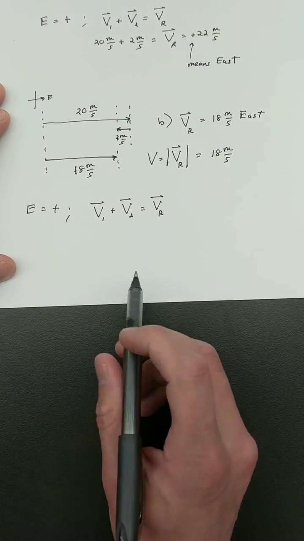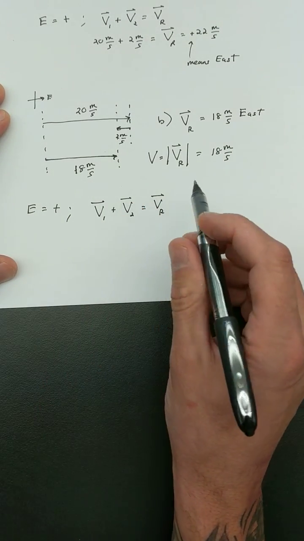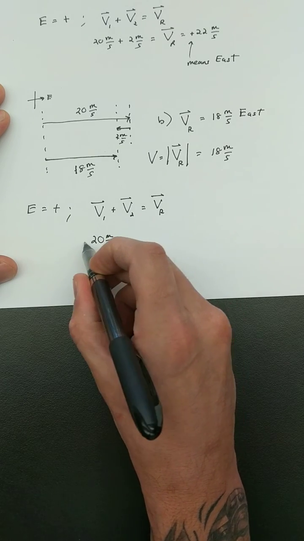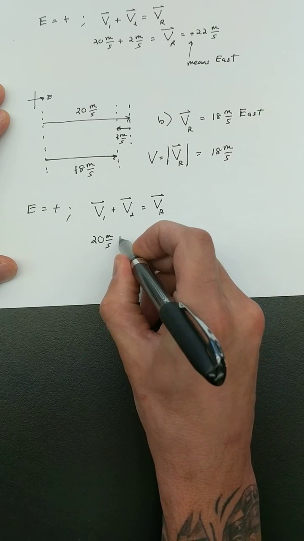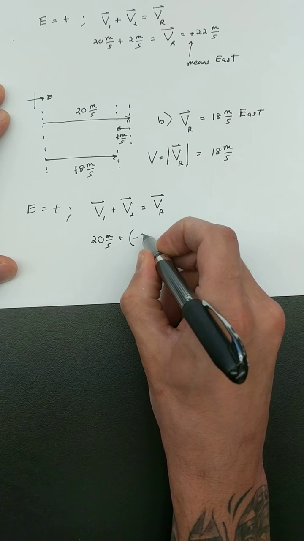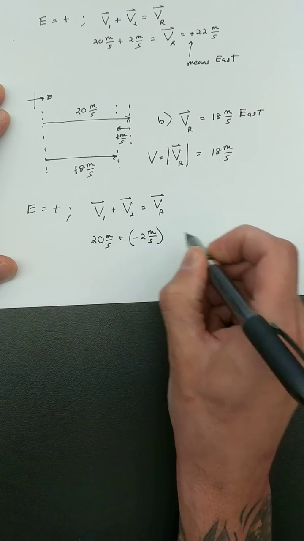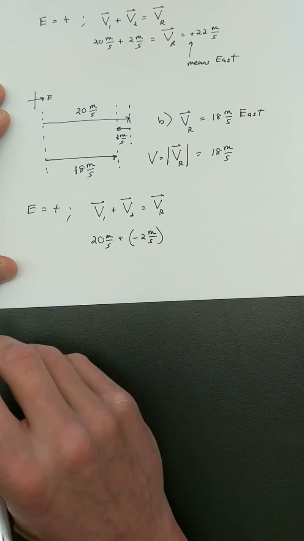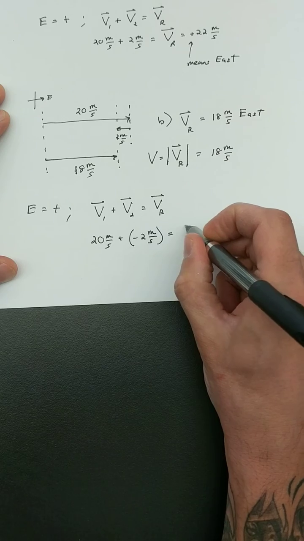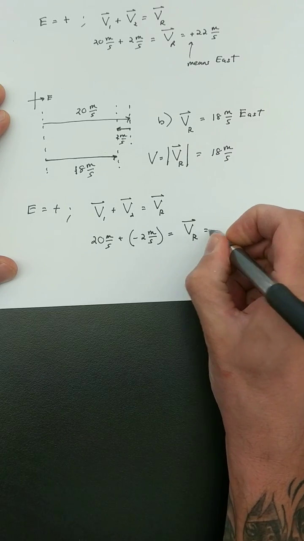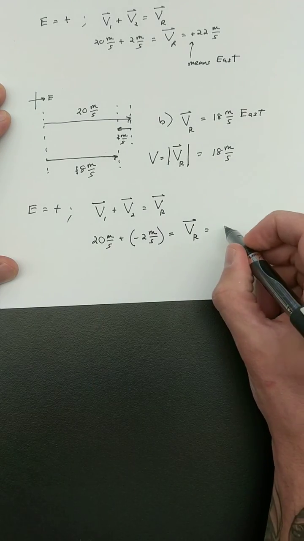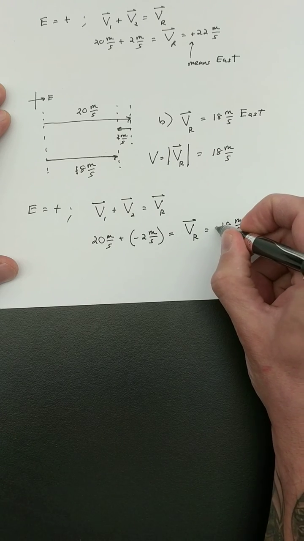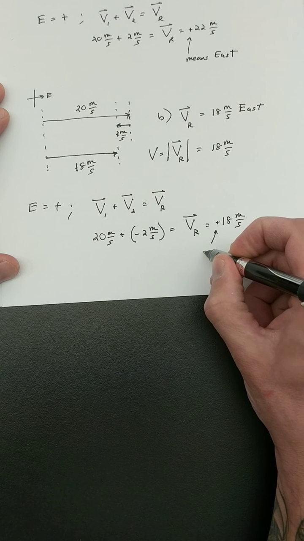Now, I have to be careful and get my minus signs right. 20 meters per second positive for the train plus negative 2 meters per second because she's running west, and that's the opposite direction, so we would say that it is the negative direction. And that is now equal to the resultant. And you see numerically we get 18 meters per second, and since this is plus, again, that means east.